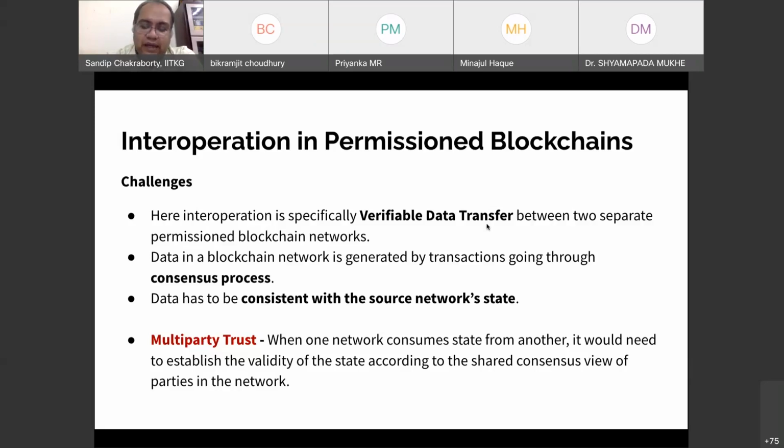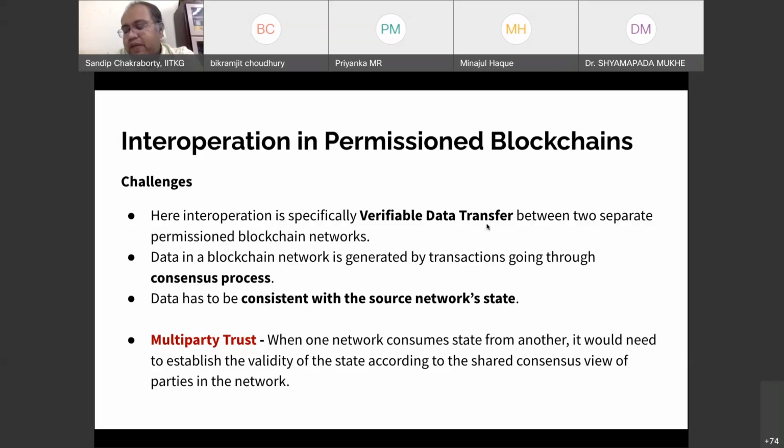And the data that you transfer has to be consistent with the source network state. In this context, we use the term multi-party trust. Multi-party trust basically says that when one network consumes the state from another network, it needs to establish the validity of the state according to the shared consensus view of the parties in the network.